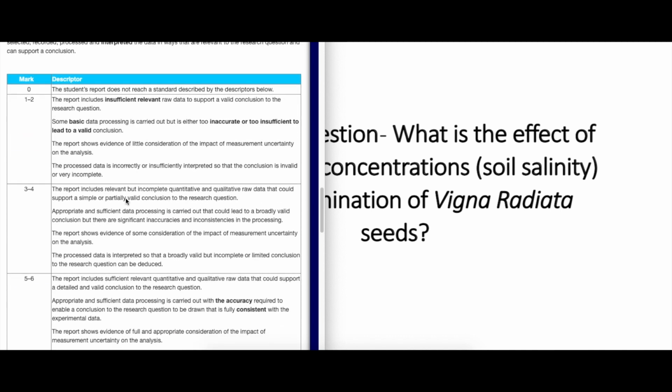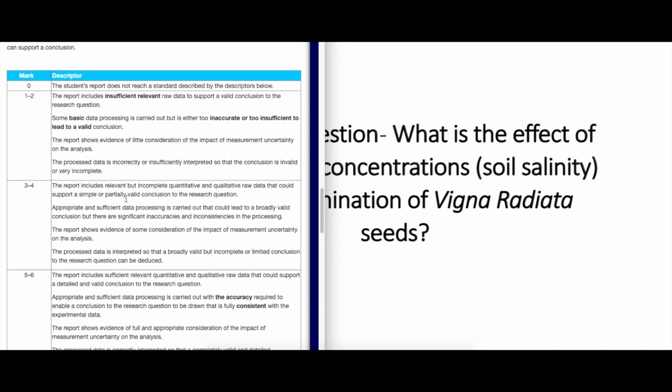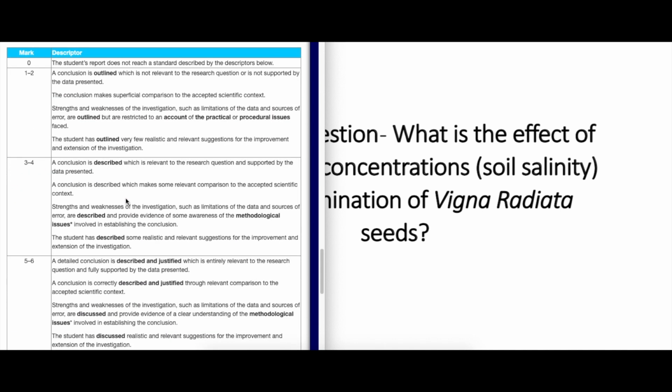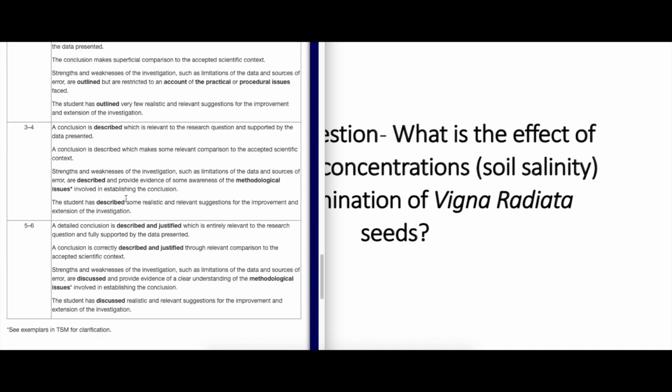Here, of course, the error bars weren't explained, why you have them. There was a problem with the uncertainty, and if those were fixed, this could have been a 4 here. And generally, of course, the evaluation was quite superficial and simple, and that is really a product of how simple the experiment was.